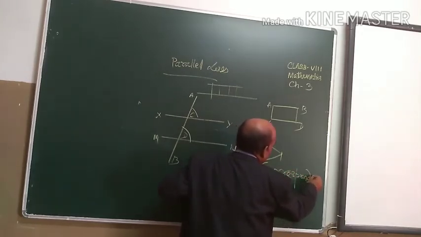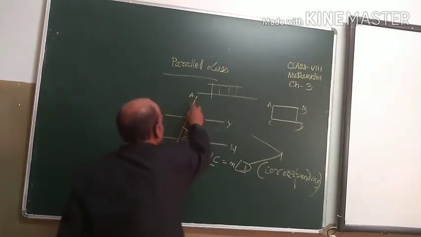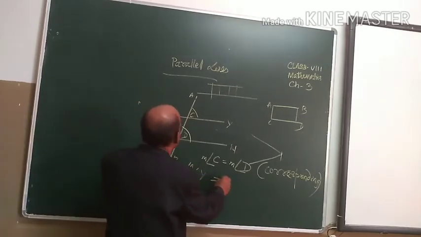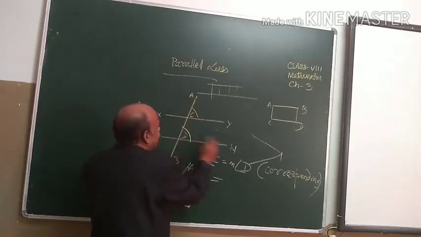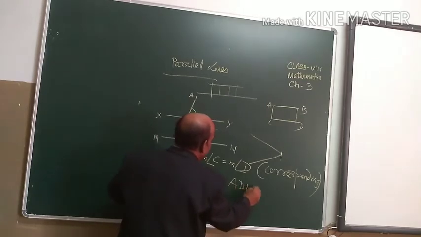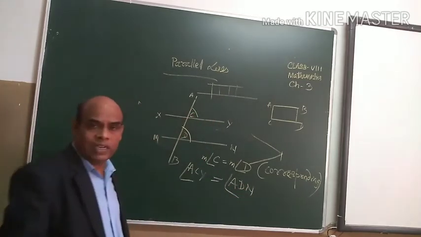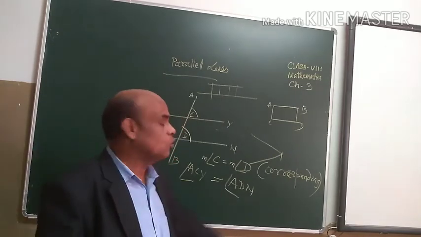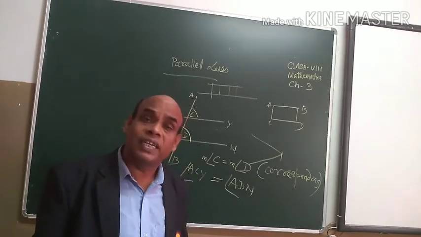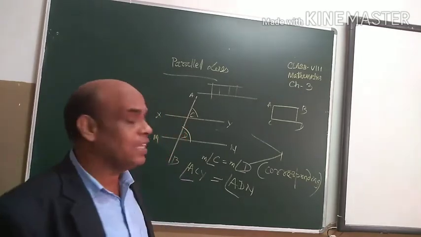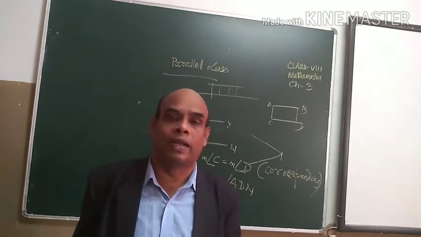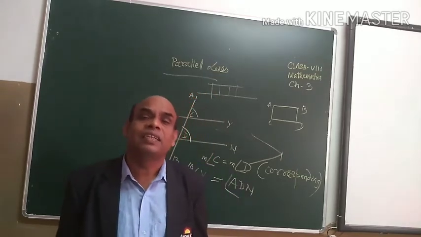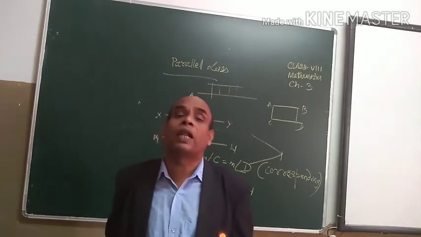You have to remember that angle ACY is equal to angle ADN, or you can say CDN. Whatever, you can say ADN, otherwise you can say CDN. So these two angles are corresponding angles, and corresponding angles will always be equal whenever a transversal line intersects two parallel lines.